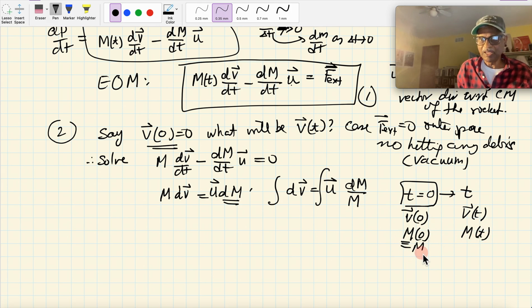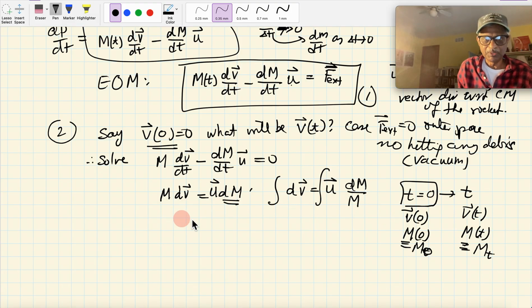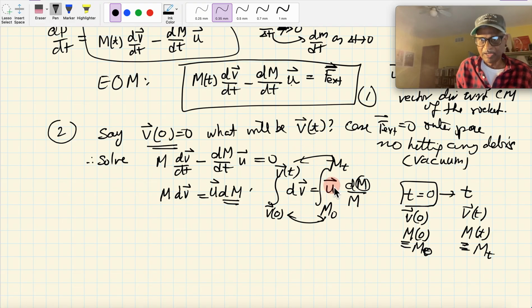Usually you say m(t), this m0, and this m at t. Sometimes people write like that. This is an easier notation. And so we integrate from v at 0 to v at t, and because of this m, we're going to integrate from m0 corresponding to that, to m(t) corresponding to that. And this u is constant, so we're going to take a constant vector, so this will come outside.